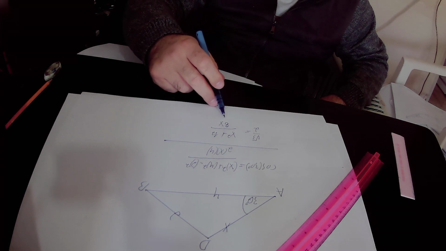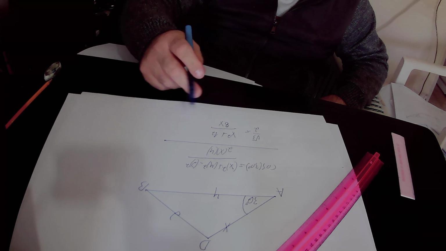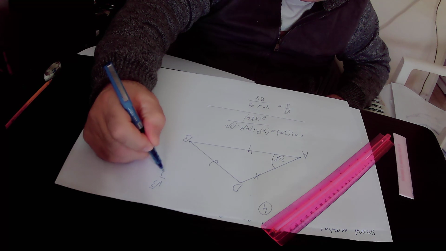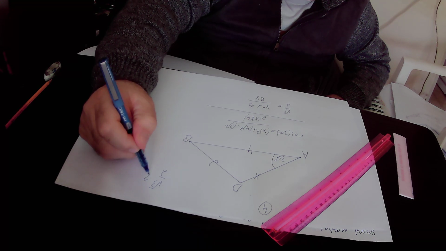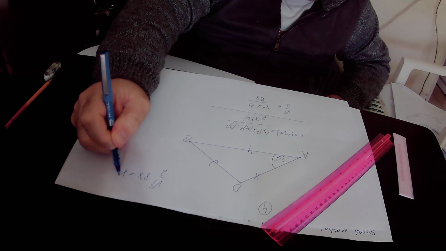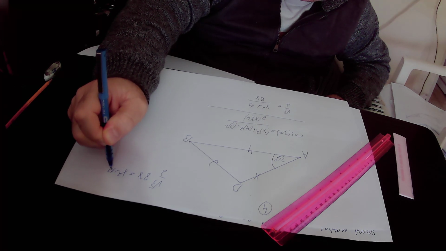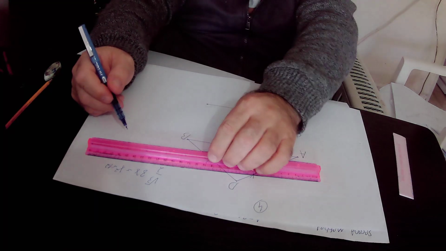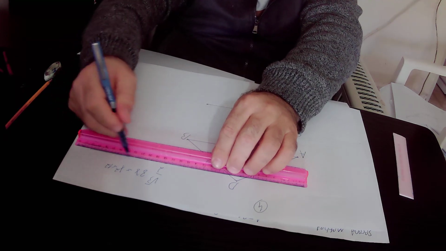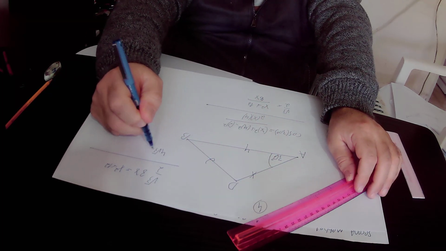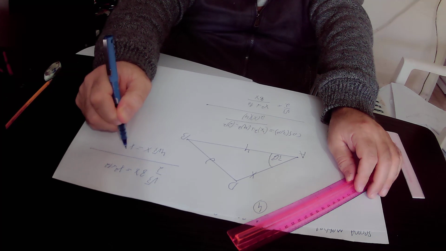Here we multiply this equation by 8x and get that square root of 3 over 2 times 8x equals x squared plus 12. Here 8 over 2 is 4. So we write down that 4 times square root of 3 times x equals x squared plus 12.